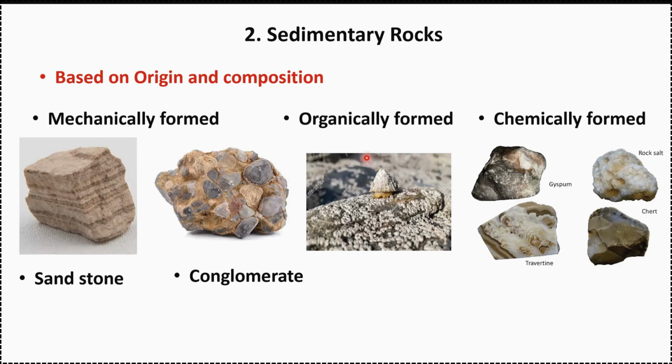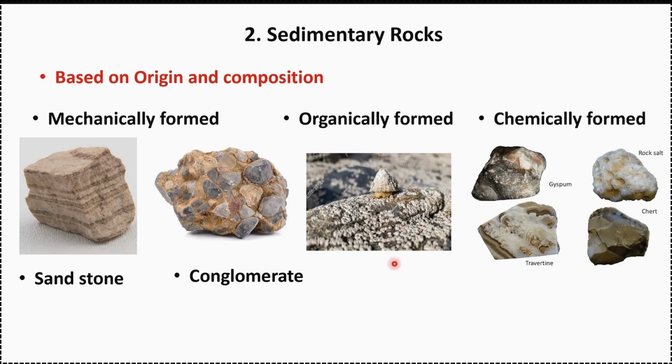Coming to organically formed rocks, these are formed from the accumulation of organic materials of living organisms, for example corals or shellfish. We also have carbonaceous organically formed rocks, which are formed from vegetative matter, not from living organisms.